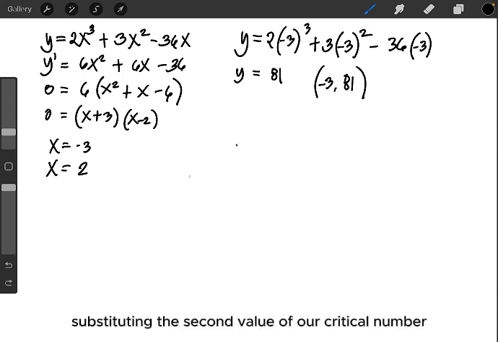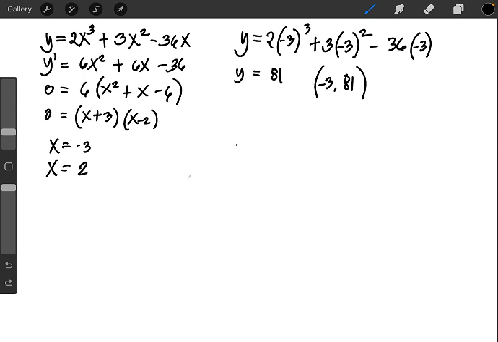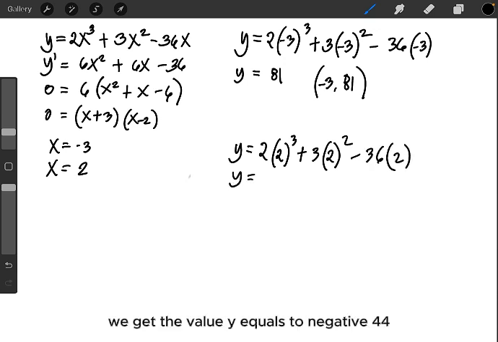Next, substituting the second value of our critical number, which is 2, we get 2 times 2 cubed plus 3 times 2 squared minus 36 times 2. We get the value y equals negative 44.